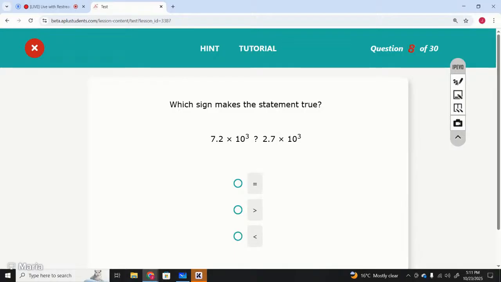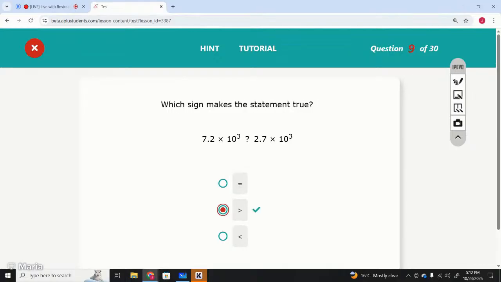Which sign makes the statement true? 7.2 times 10 exponent 3. You need to compare it to 2.7 times 10 exponent 3. 7.2 times 10 exponent 3 is greater than 2.7 times 10 exponent 3.